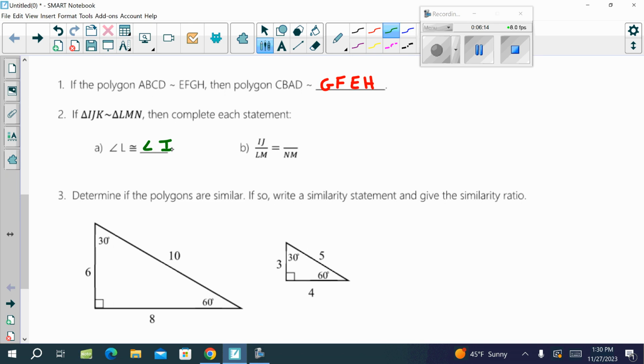So then what side is the same as NM? KJ. Good. Make sure you write it in the same order. So N matches up with K, M matches up with J. Order matters. Any questions there?